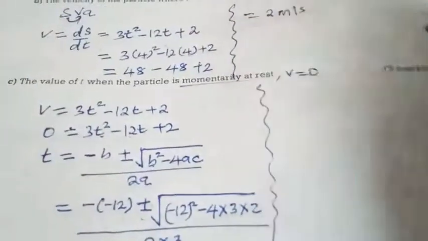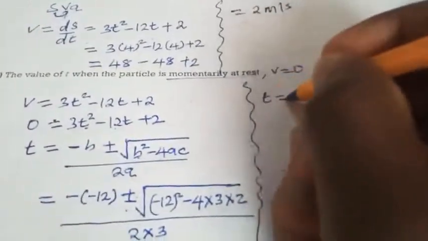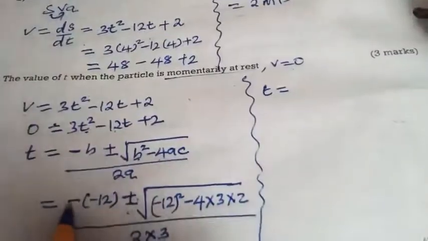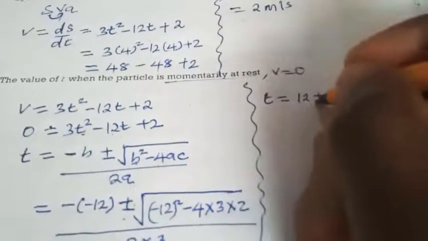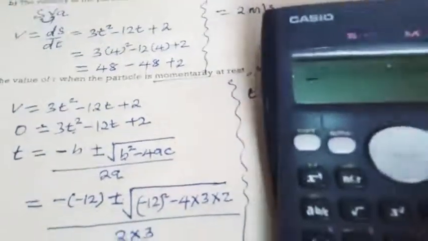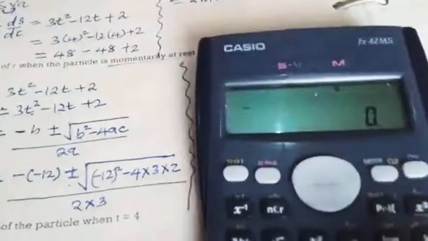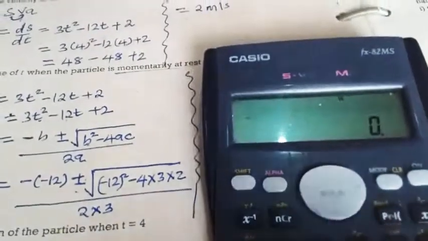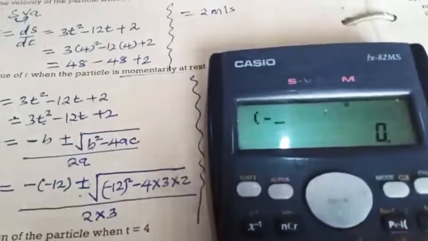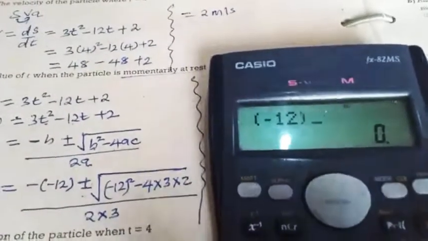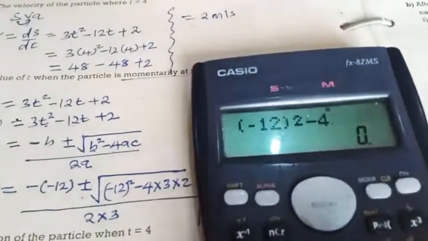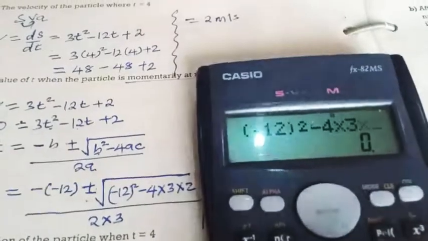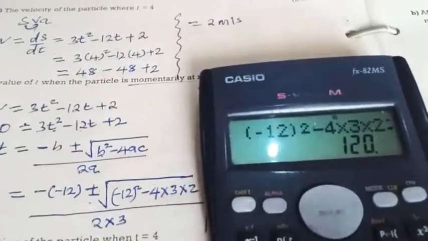So from there, t is going to be negative times negative is positive, so positive 12 plus or minus, from our calculator, negative 12 squared minus 4 times 3 times 2, it is 120.